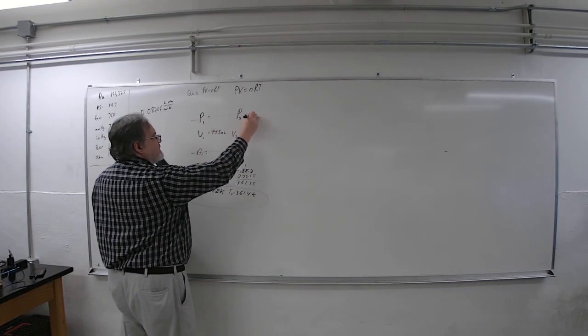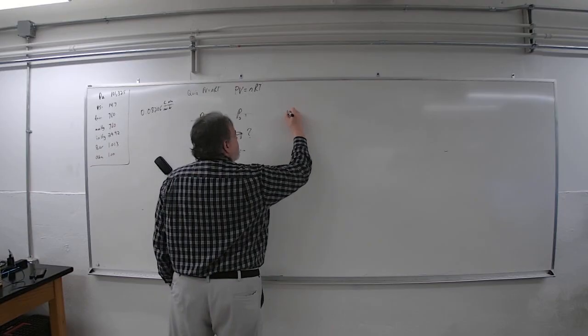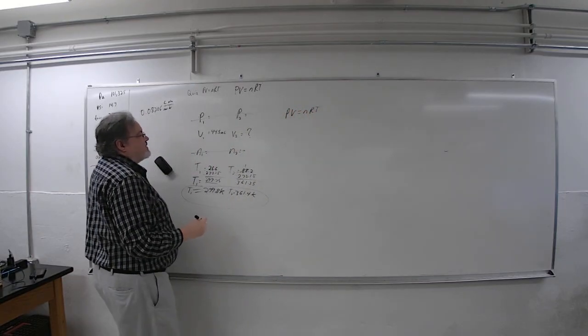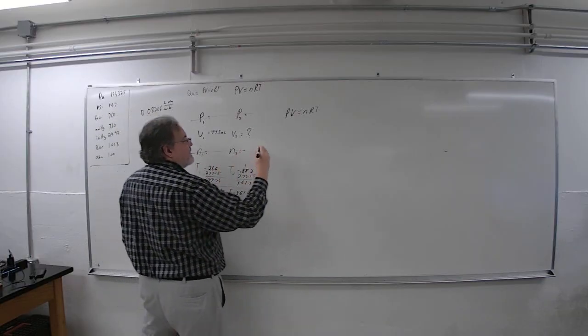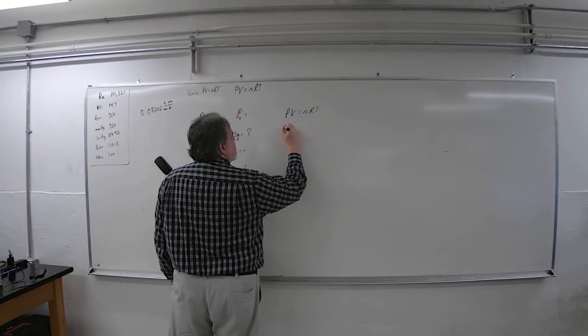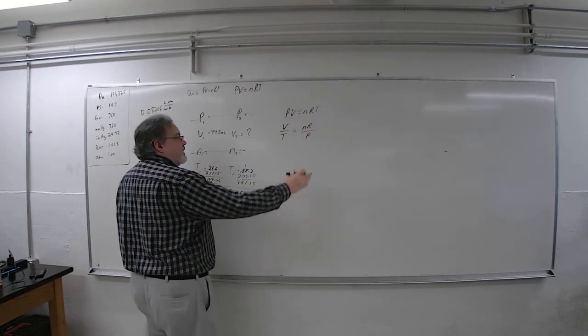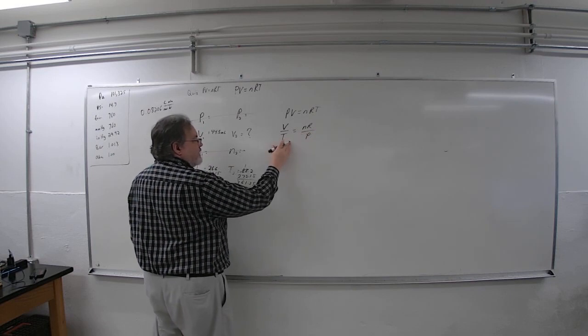That's not mentioned, and that's not mentioned. So we need temperature and volume on the left, and everything else on the right. So a little algebra gives me this. These are the things that are not changing. These are changing.